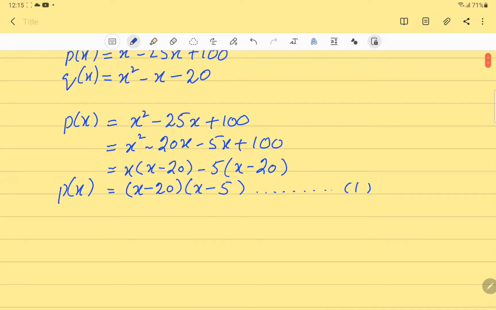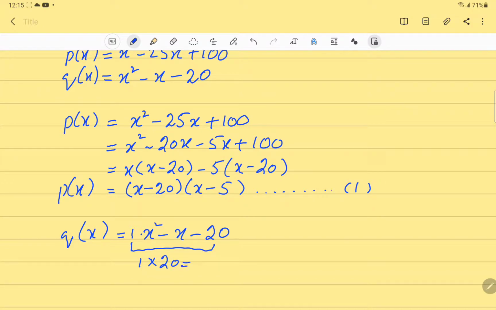Now we move on to our second expression. The second expression is Q(x) equal to x squared minus x minus 20. Again here x squared has no coefficient, which means it is 1. Now we multiply this 1 with 20. For the time being we will ignore the minus, there is no need of that.